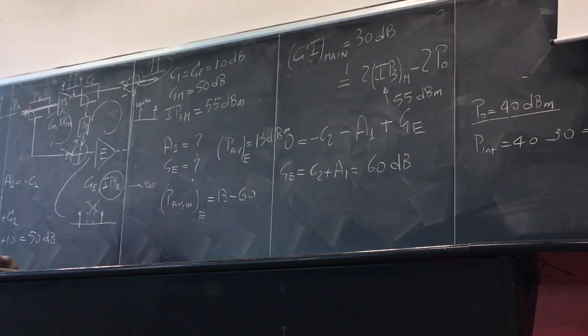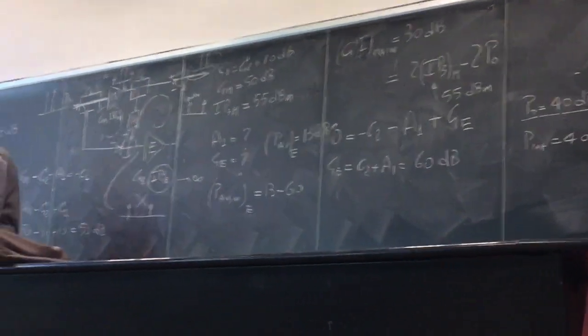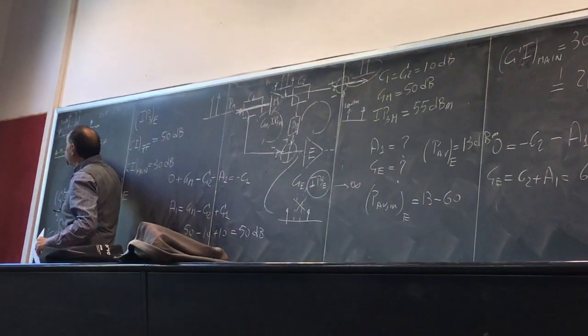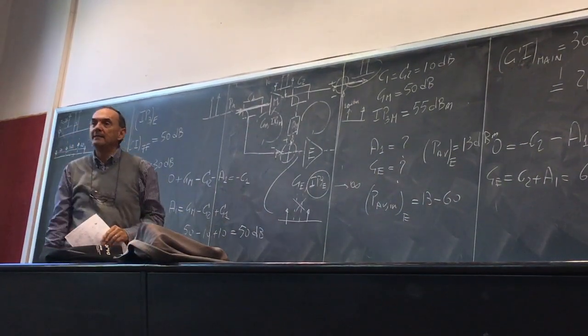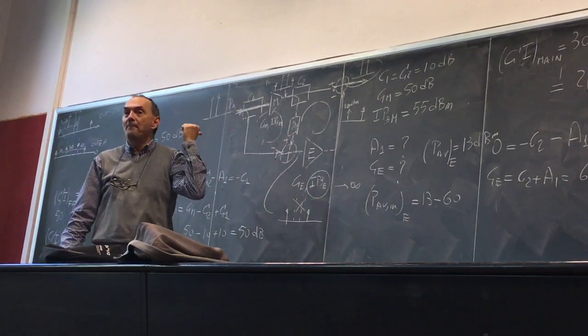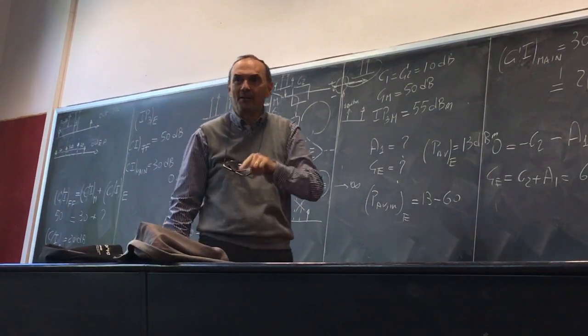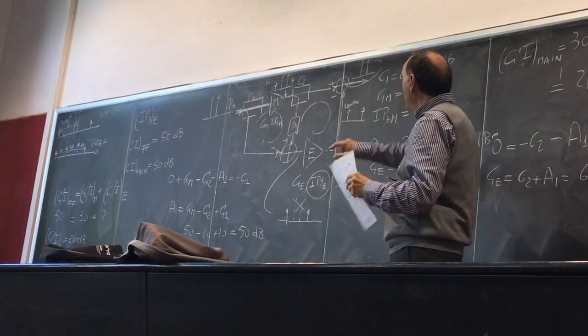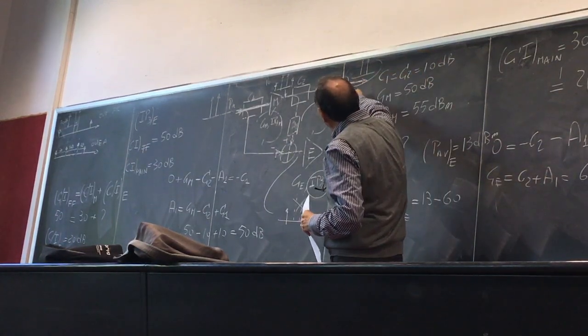What power is this? We know this power. It is the power of the main signal at the error amplifier output, of these two signals. And what is this power in this scheme? It is the power of the intermodulation of the main amplifier. The power of the intermodulation of the main amplifier is the power arriving here.